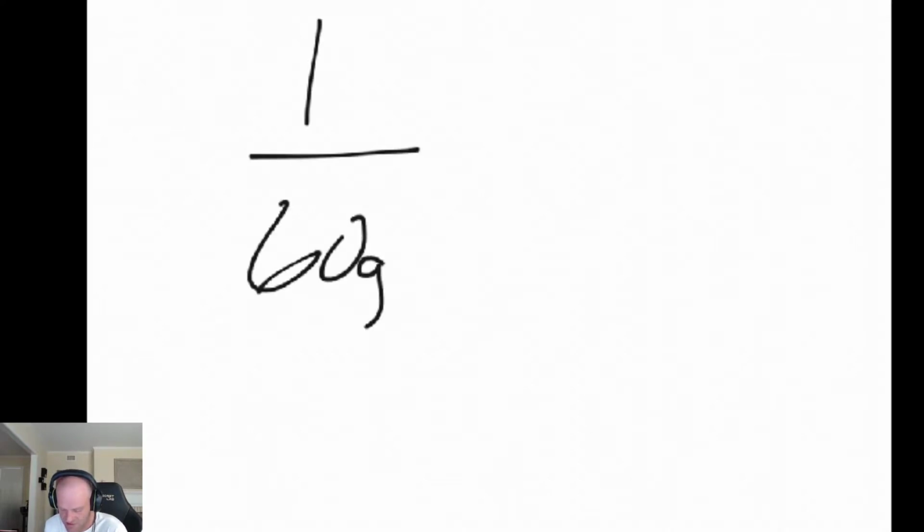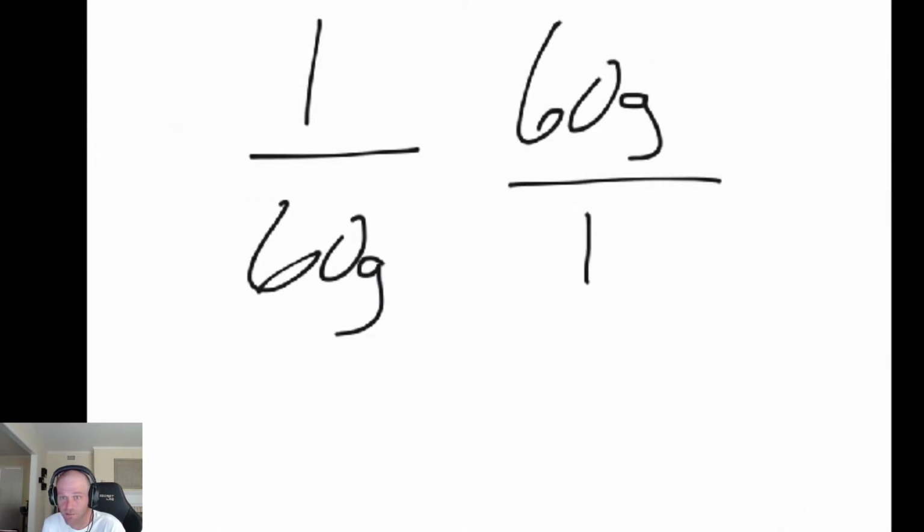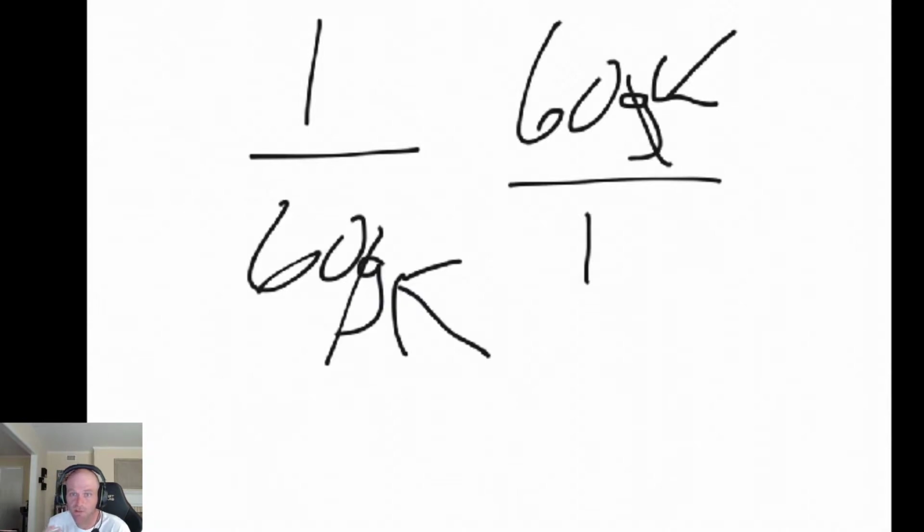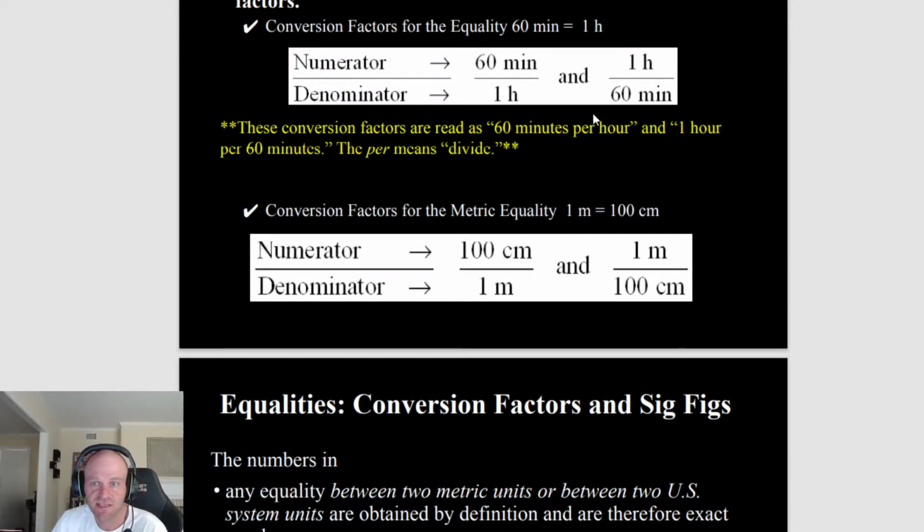We're going to do some practice problems, and I'm going to need to decide whether I have 60 grams on the top or on the bottom. That will be determined by this unit right here, right? If I multiply these two by each other, I can cancel out gram. So I'll pay attention to the units, and that tells me how to set up my equality. The equality being this 60 minutes per hour or 1 hour per 60 minutes.